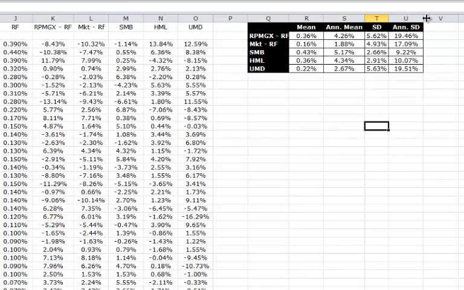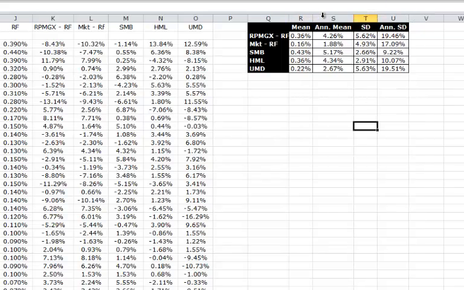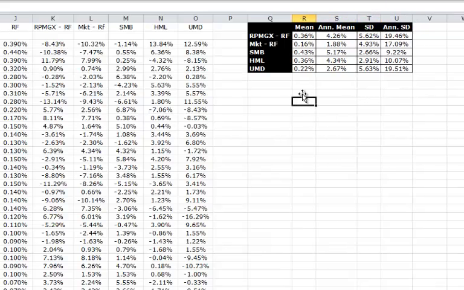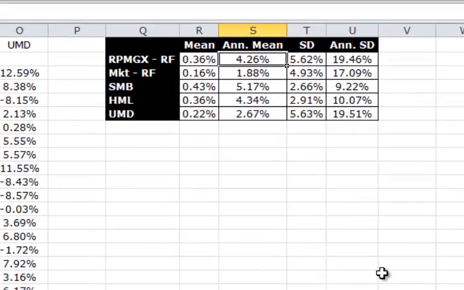So let's just talk about this for a second and look at what we see here. The return to this mutual fund minus the risk-free rate on average is 4.26%. That compares to a market of only 1.88%.